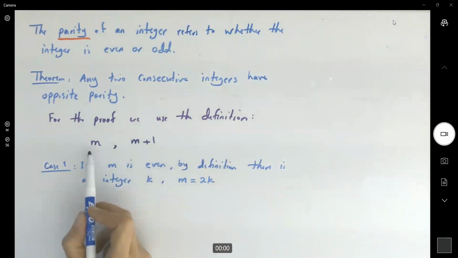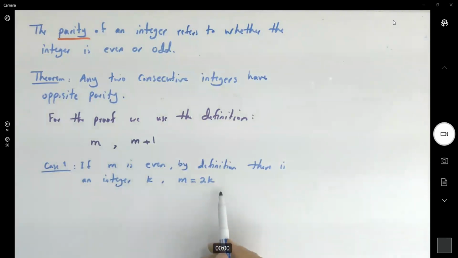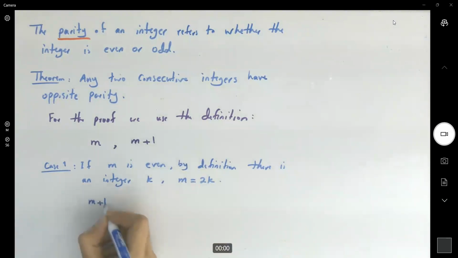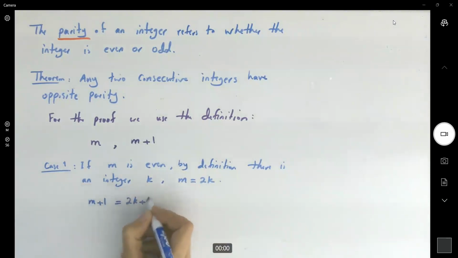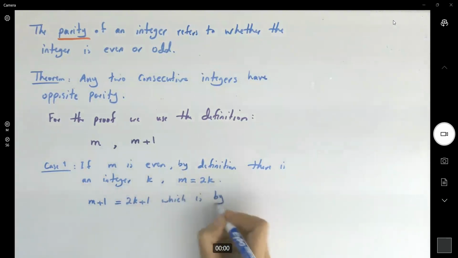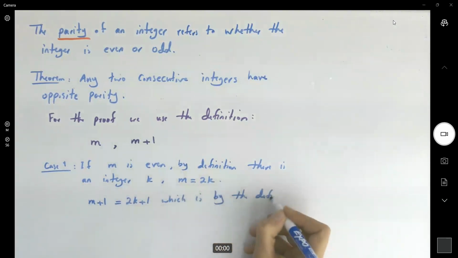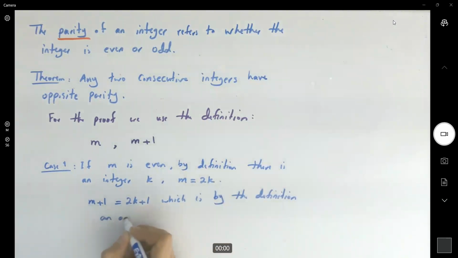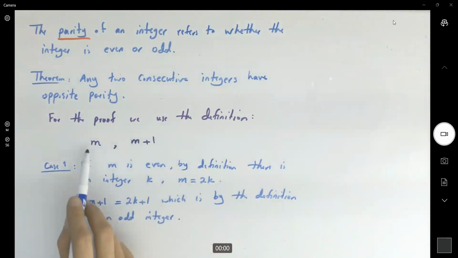Okay, you have 2k, so m plus 1 is 2k plus 1, which is by definition an odd integer. So if the first one is even, the second one is definitely odd.